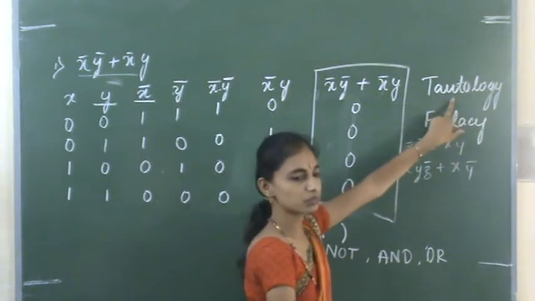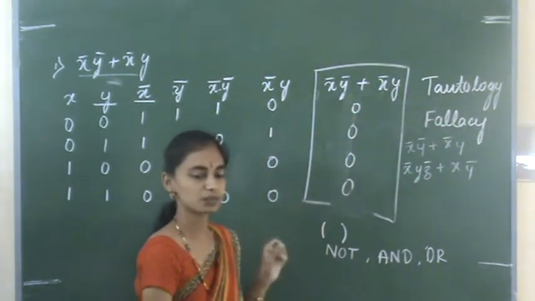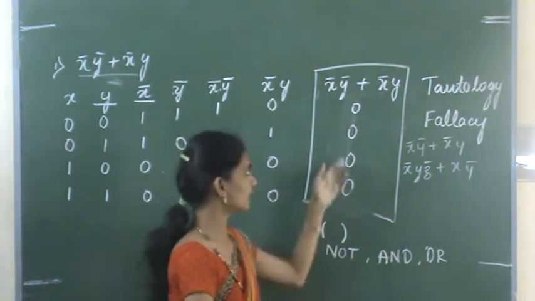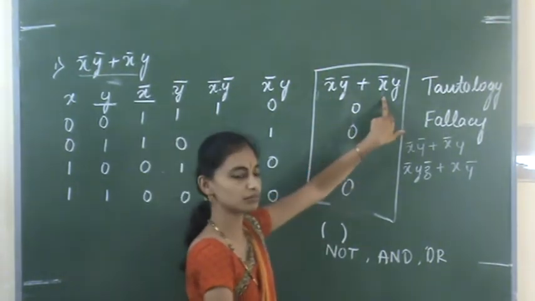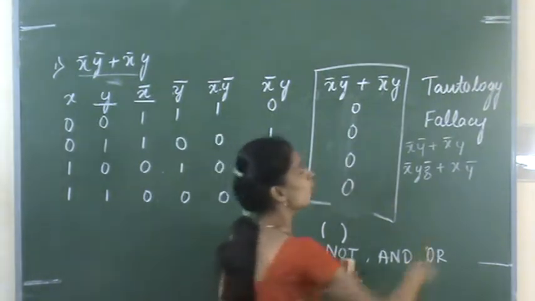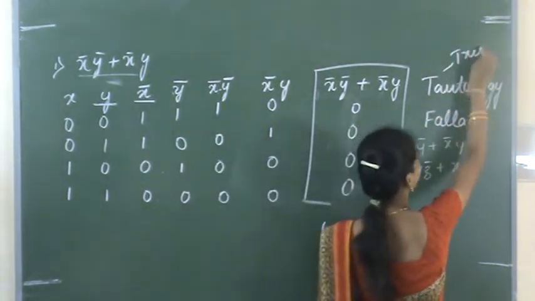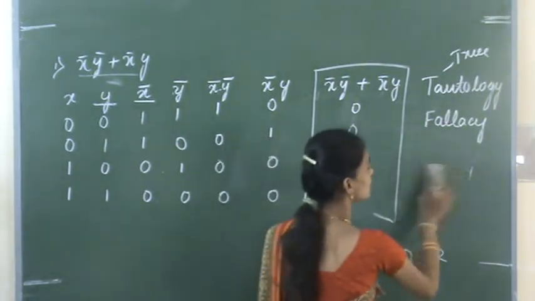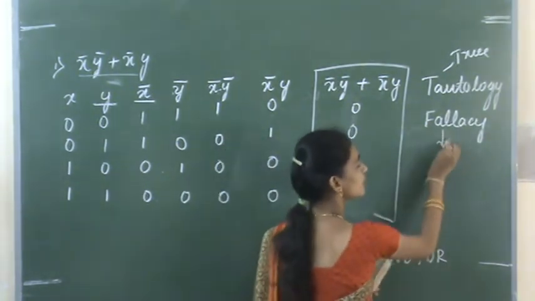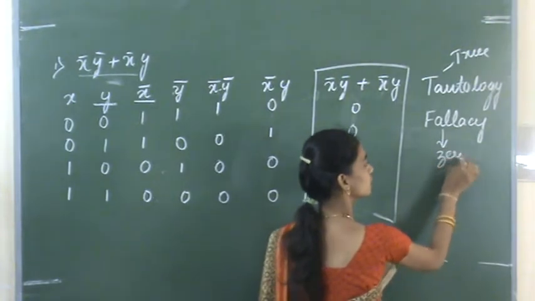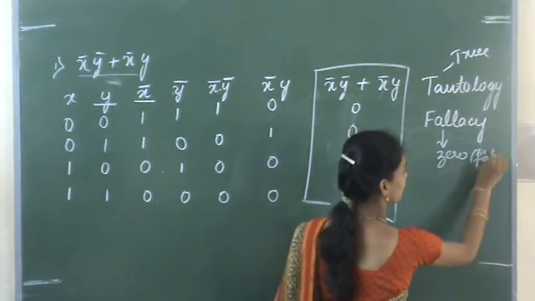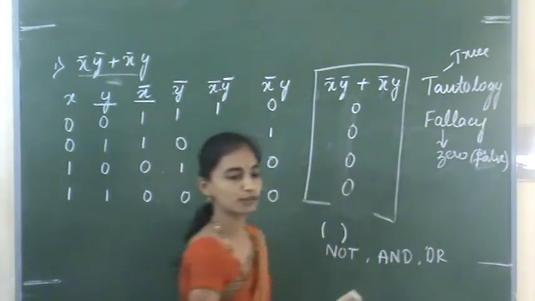Tautology means if the result of a logical expression or logical statement is always 1 or true, we call it a tautology. If the logical expression result is always 0 or false, then we call it falsy.